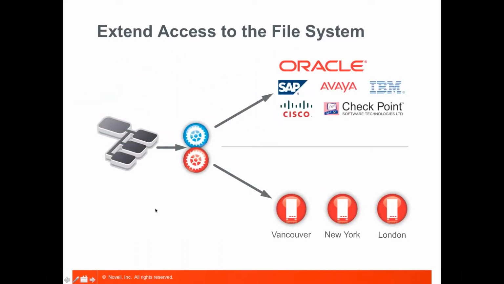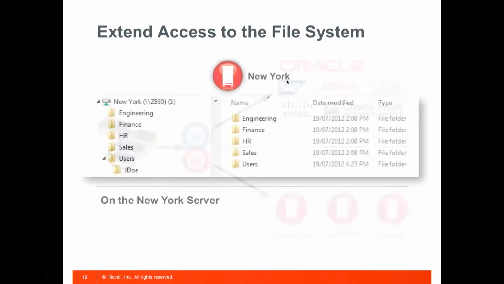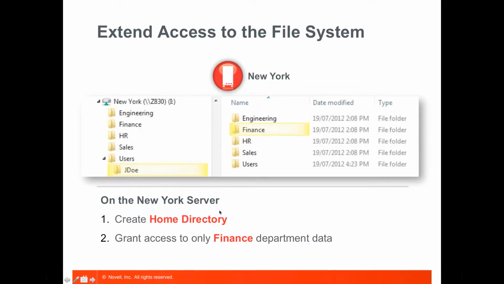We have her using the Novell storage management policy. And what we do here is we extend their access using any one of these authoritative sources. And when she's created, we automatically create her home directory. We give her access to the finance department data. And we might even include template files that'll help her start her role, such as HR files, expense forms, and so on.